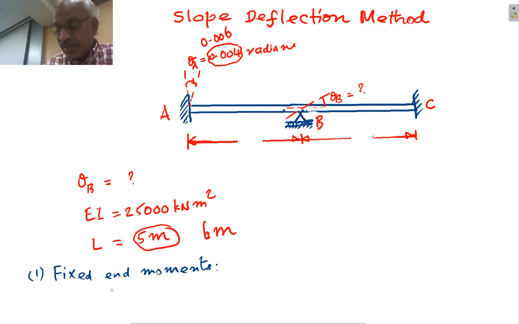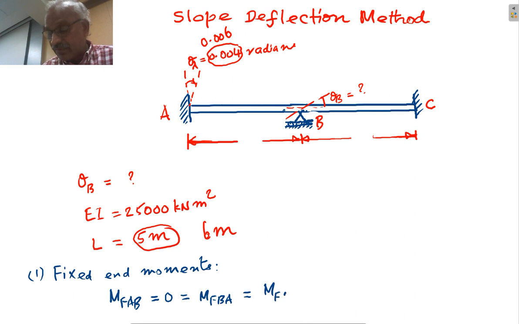Therefore, MFAB is 0, MFBA is also 0, MFBC is 0, and MFCB is 0. All values are zeros because AB and BC are not loaded with any lateral loads.